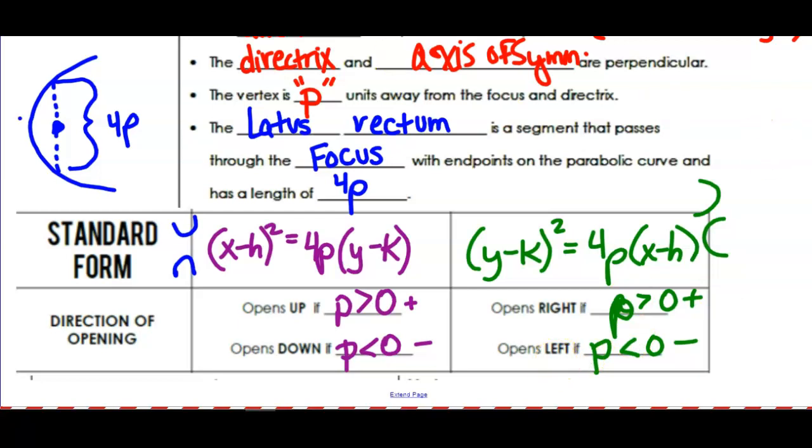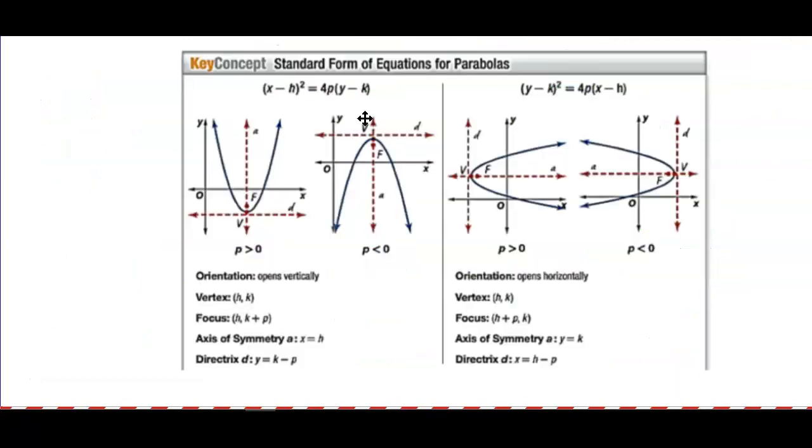So, this is the sheet that you have on your reference sheet on the cardstock, and it says exactly the same things, okay?